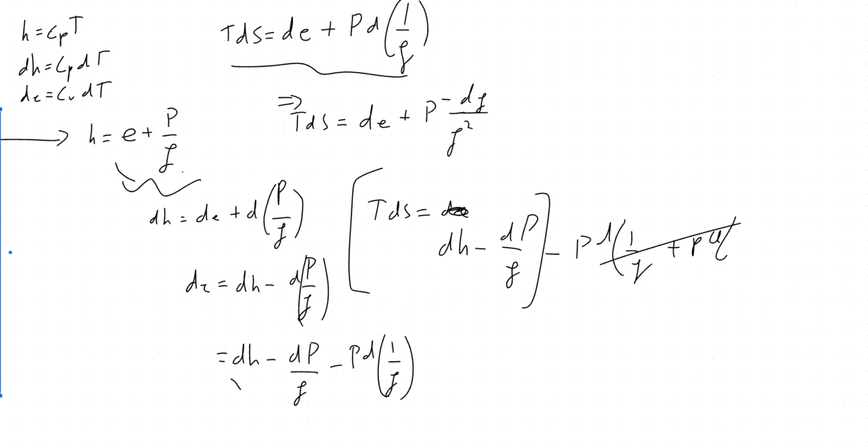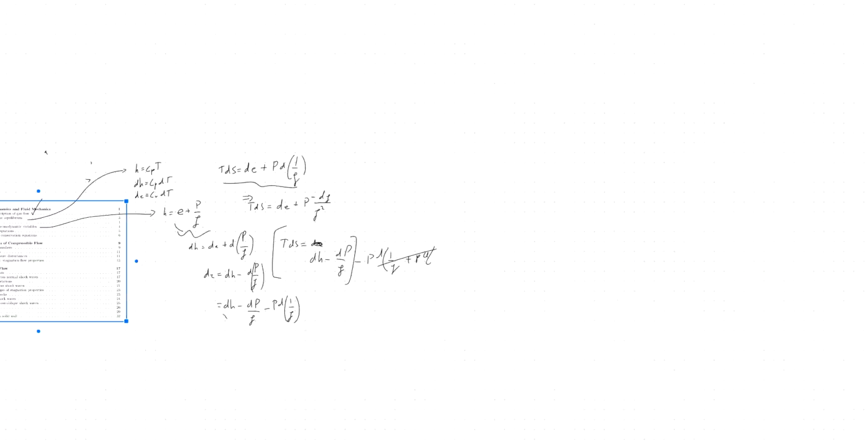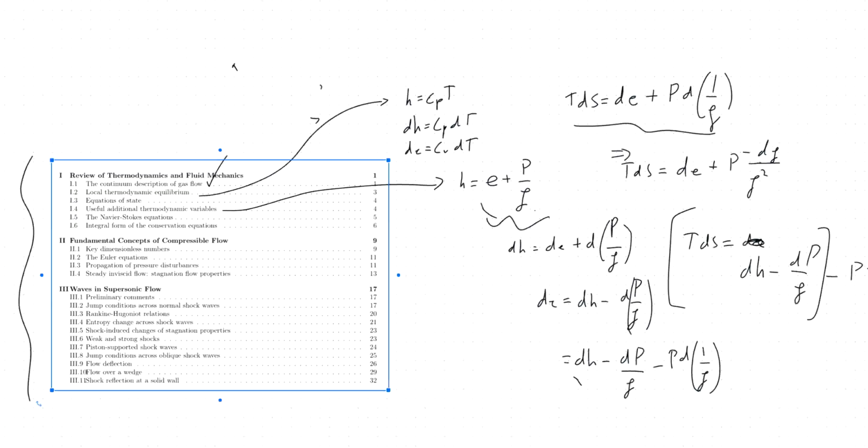All right, what else is there? We can go to Stokes equations, but I feel like I'm missing something in additional thermodynamic variables, because there's no way this is the end of it. I think this is probably where they introduced dS equals.